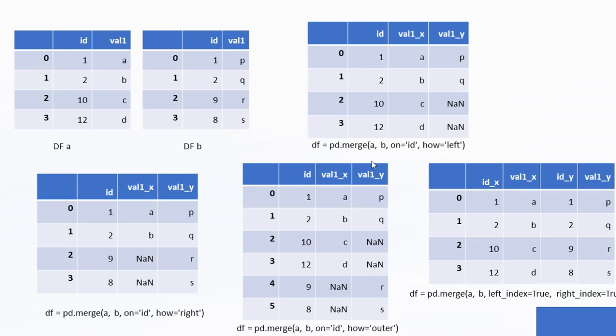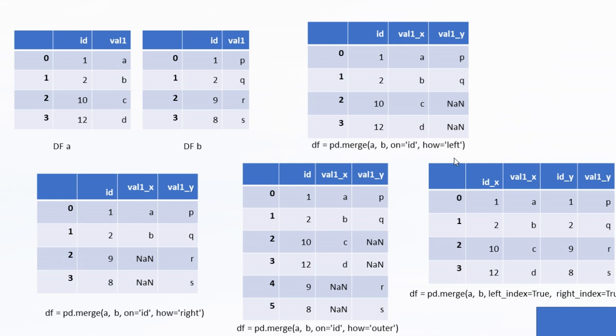Let's first see how the function works to do merging. With pd.merge, you give the first two arguments as the names of the data frames. Now suppose I just give on equal to ID and don't give anything else. That means I will be merging the data frames A and B based upon the key value, which is ID. If I give how as left, that means I am doing a left merge.